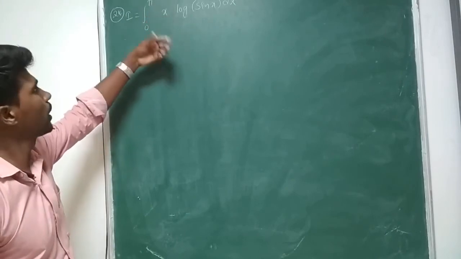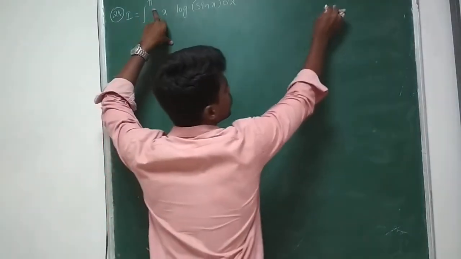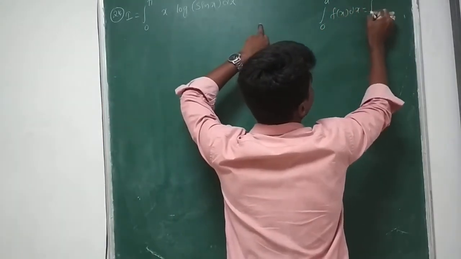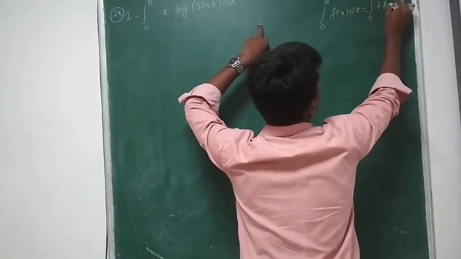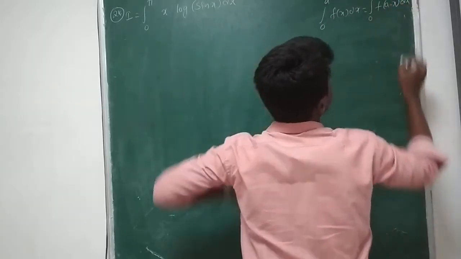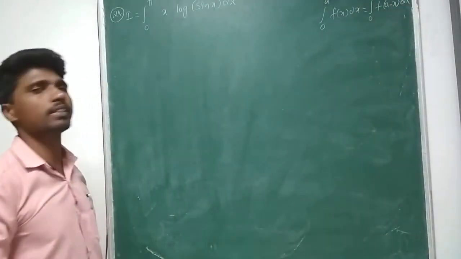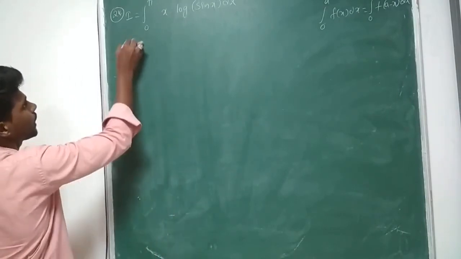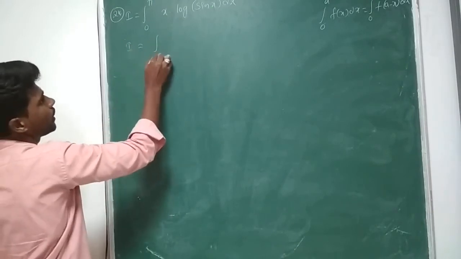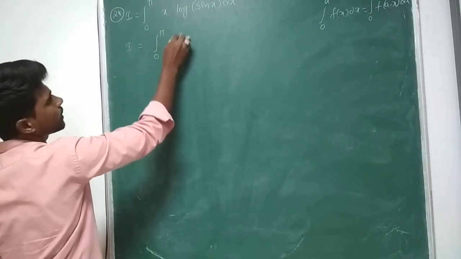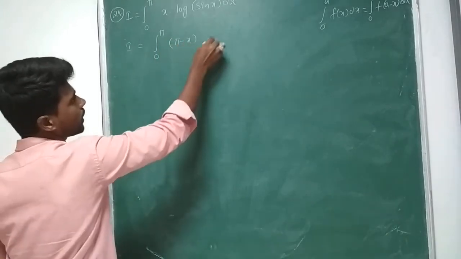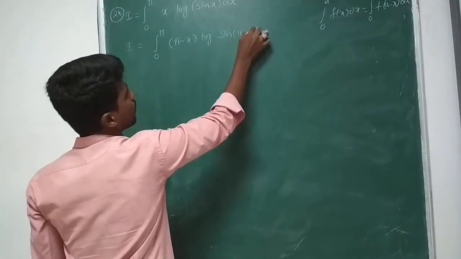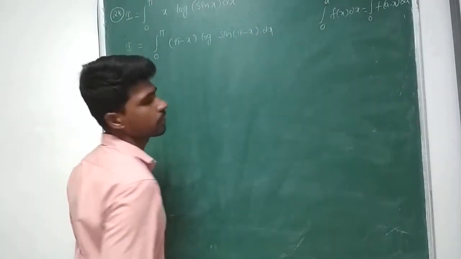For that purpose, I use the integral 0 to a form. Integral 0 to a f of x dx is equal to integral 0 to a f of a minus x dx. Now apply that formula. I get I as integral 0 to pi, x can be written as pi minus x, into log sin of pi minus x dx.